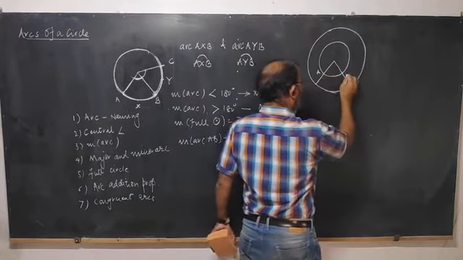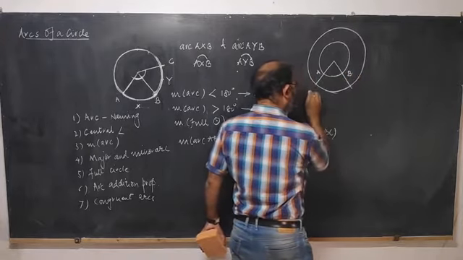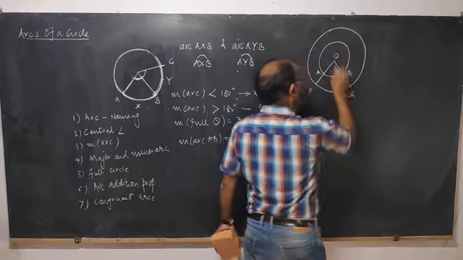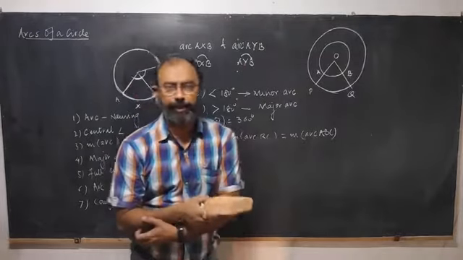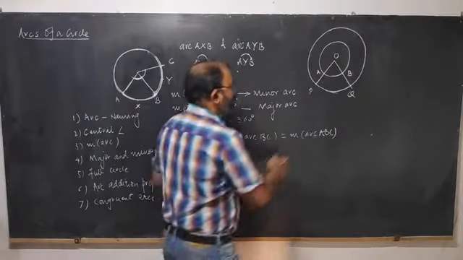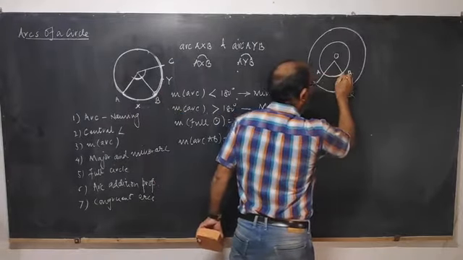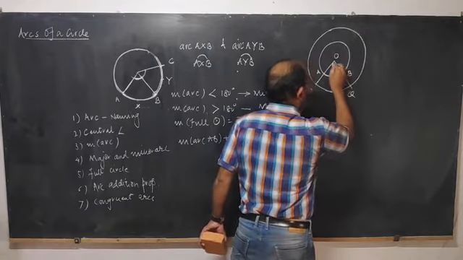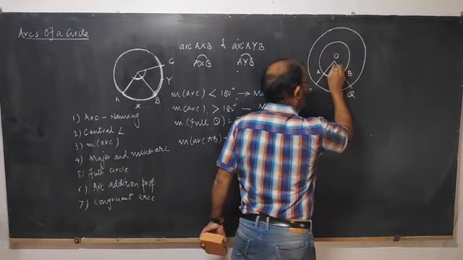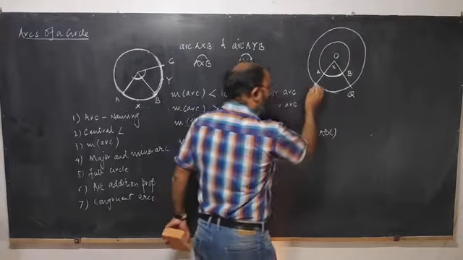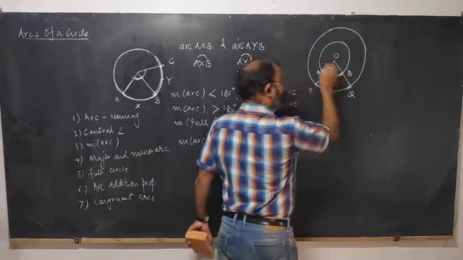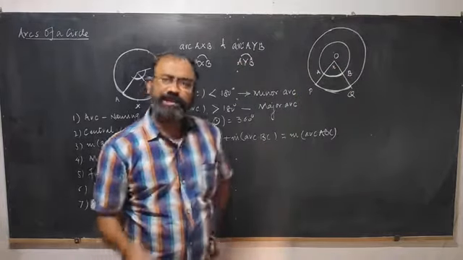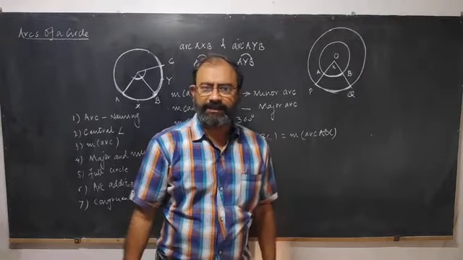So let us say that this is arc AB, this is arc PQ, and O is the common center of both the circles. Now, what is the measure of arc AB? Measure of arc means measure of this angle. Let us say X. Measure of arc PQ means measure of, again, central angle, same angle whose measure is X.